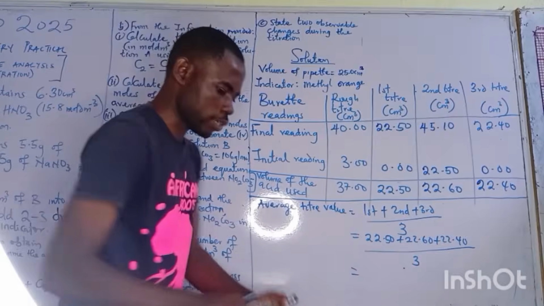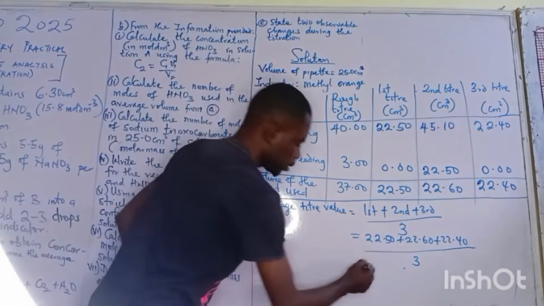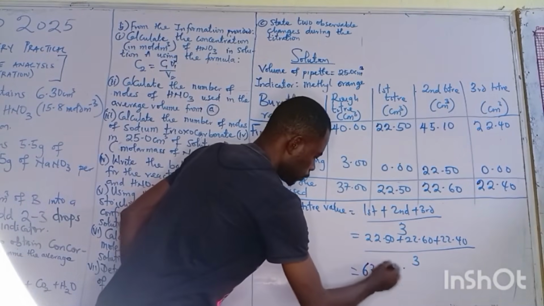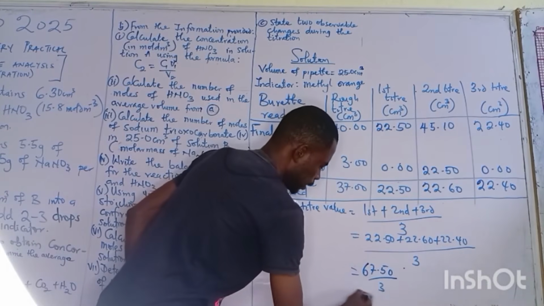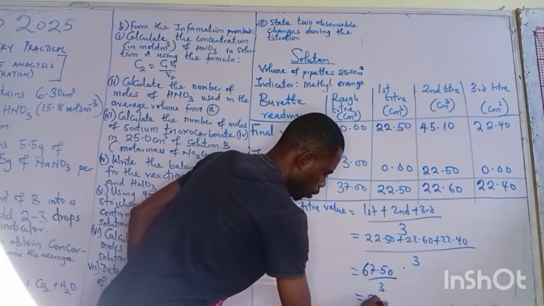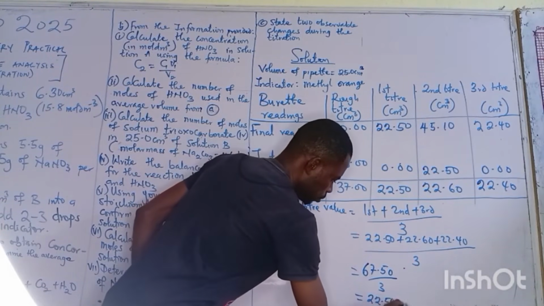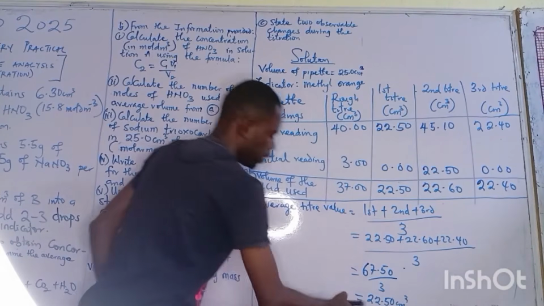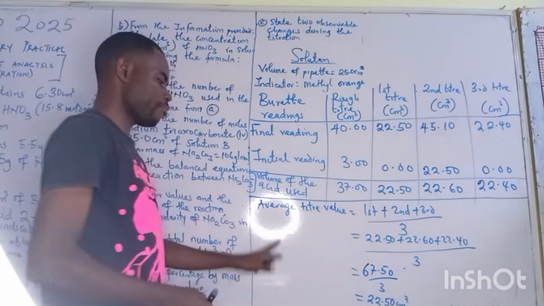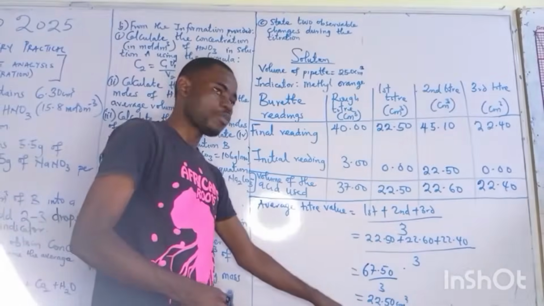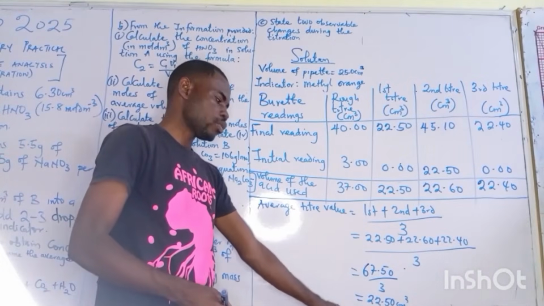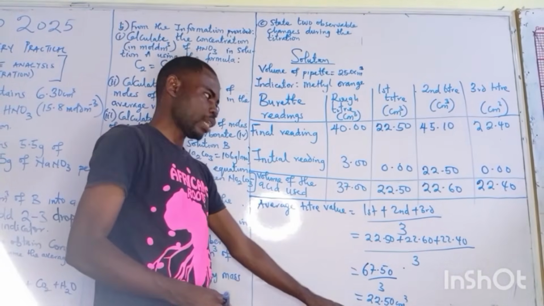Here I have 67.5, 67.50 over 3, and at the end of the day I'll be having 22.50 centimeter cube, the volume of the acid used, the average titre value. That's the volume of acid that you'll be using in your calculation. That's your VA.